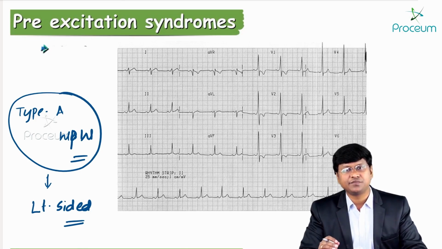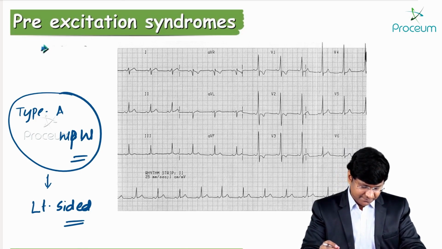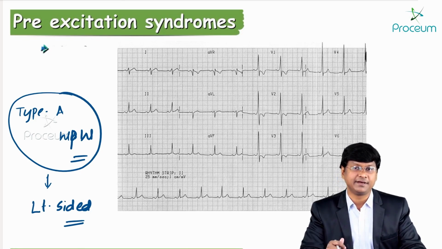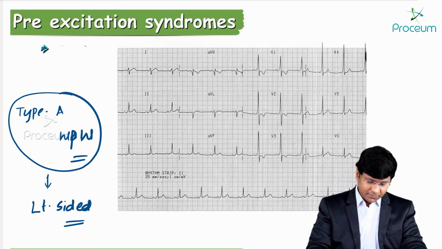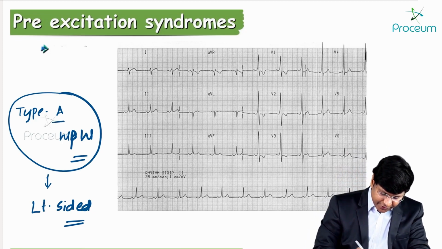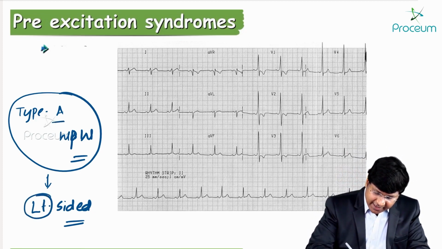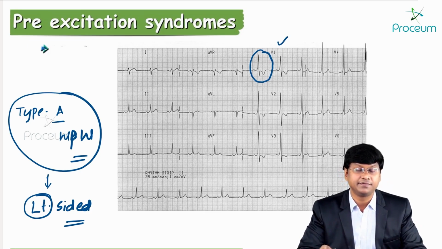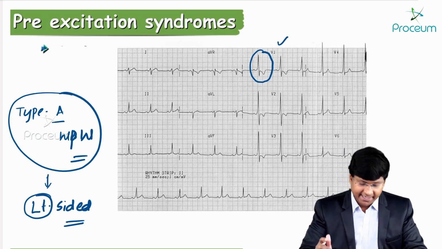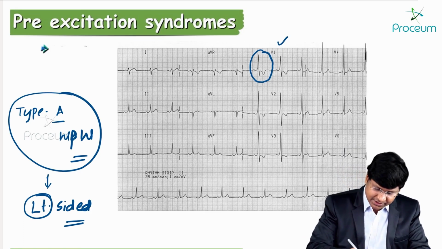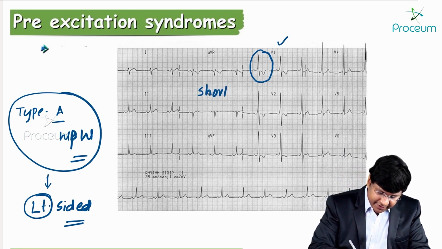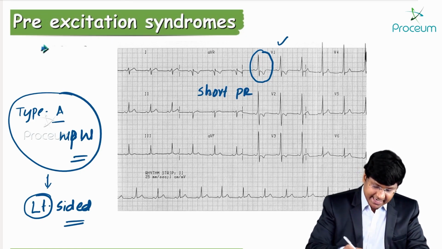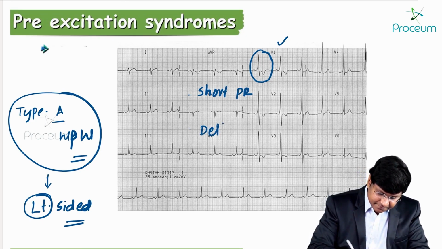Now, in case of your left-sided pathways, which is nothing but your type A WPW syndrome, what will be the ECG changes or what will be the ECG features? In case of type A, where you have left-sided pathways, you have the presence of a dominant R wave in V1, along with the other usual things like the presence of a short PR interval and the presence of the delta wave.